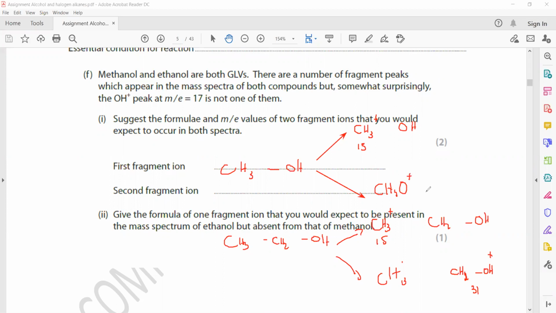So that fragment will also be 31. So the first fragment can be CH3, which can be there in both, and the second fragment can be at 31.